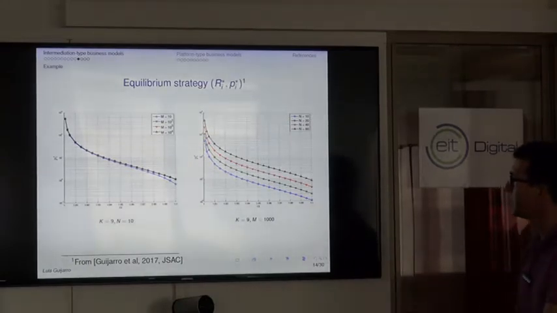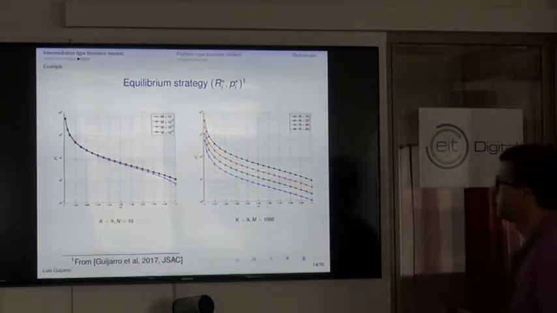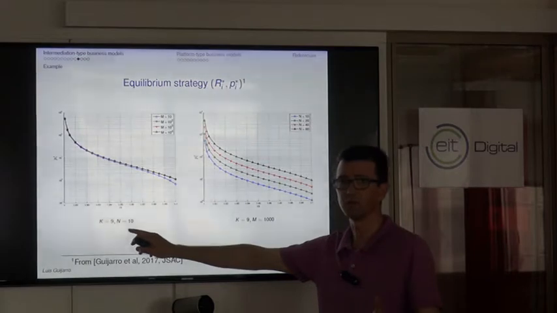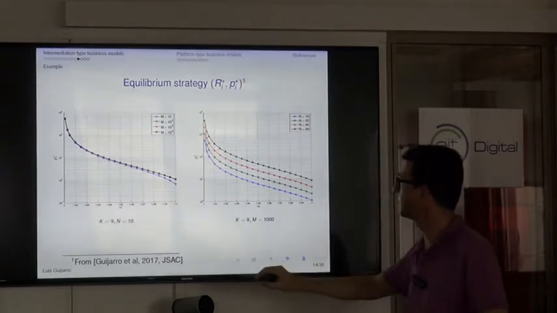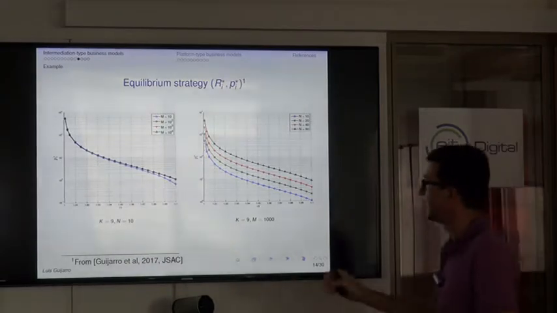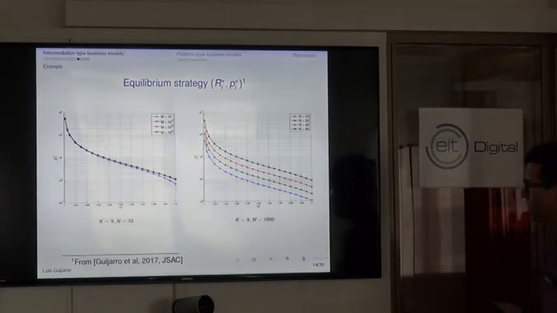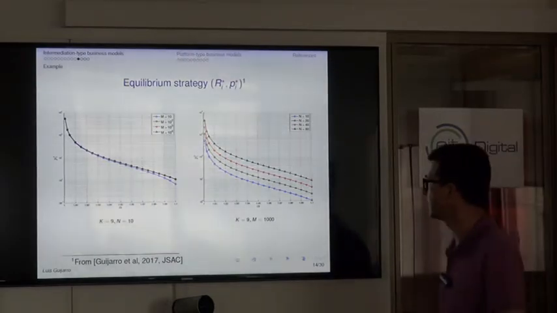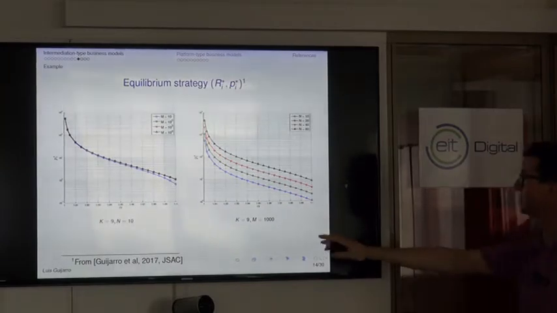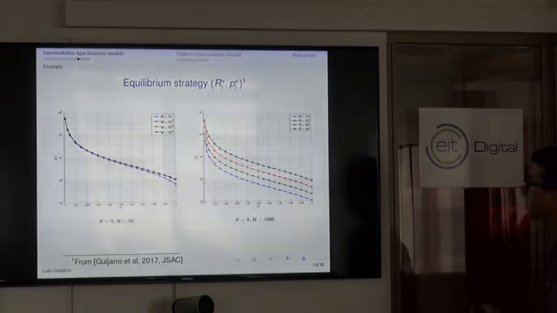I'm just showing you a couple of results for specific values of the parameters capital N, which is the total number of networks present in the system, capital M, which is the total number of users, and capital K, which is the number of service providers. K is fixed to N, and capital N and capital M are changed in the different graphs.